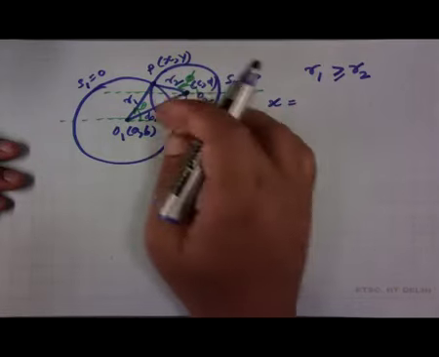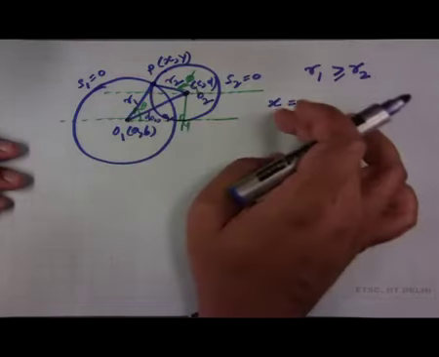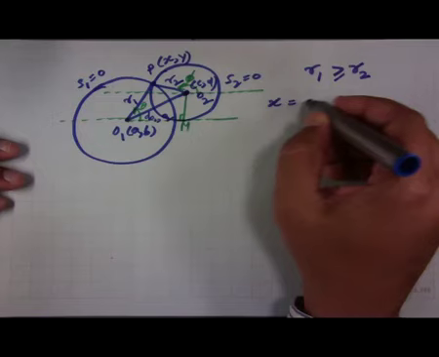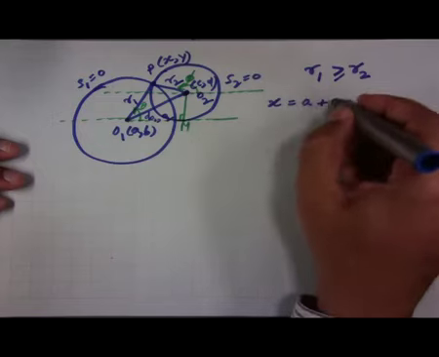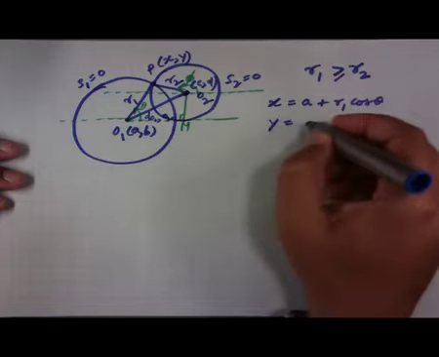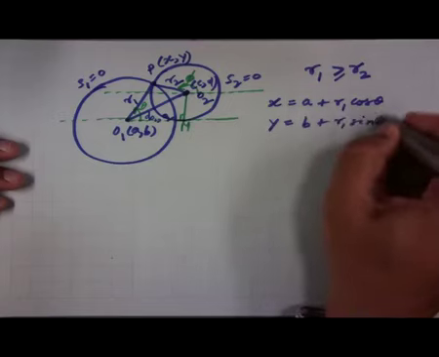With respect to the first circle, x is equal to a plus r1 cos theta and y is equal to b plus r1 sin theta.